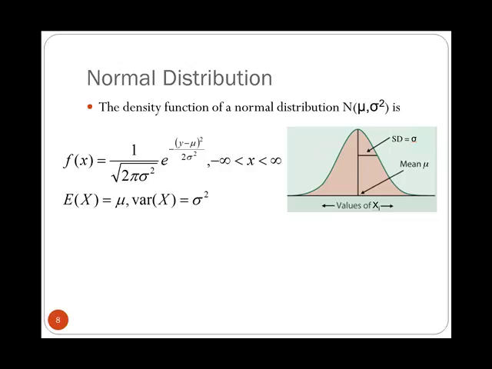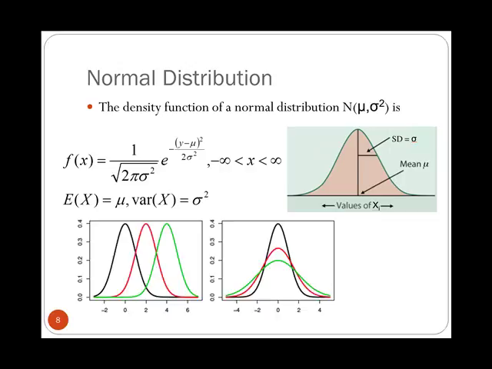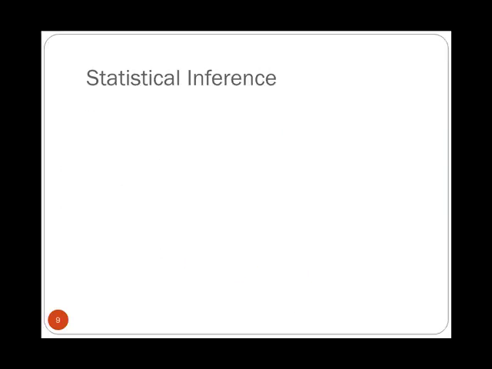We have its probability density function, its mean, and its variance. From the two graphs at the bottom, you can tell that even if two distributions have the same shape, if the locations are different, they're different. On the other hand, even if the center of location is the same, these three distributions vary in terms of their shape.